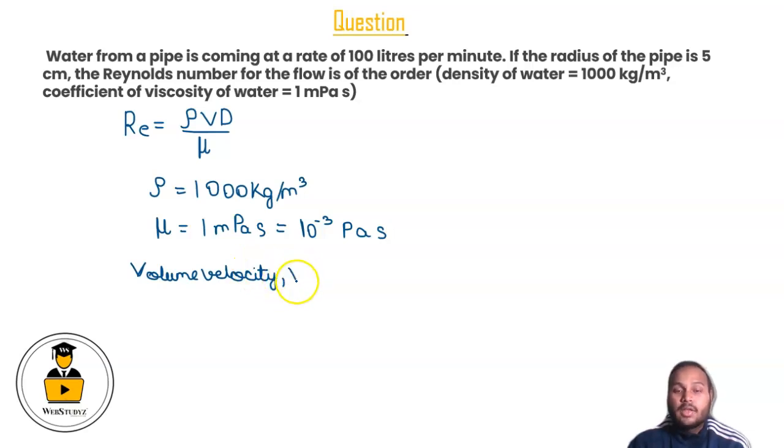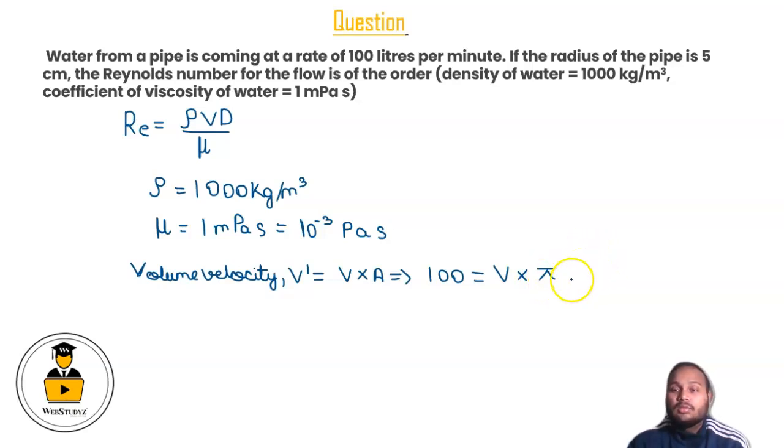Let's call it V dash. Volume flow rate is velocity into area, that is V into A. Here we have the volume flow rate as 100 liter per minute. So 100 liter per minute equals V into the area of the pipe. Here the area is the cross sectional area, so we can write pi into r square.